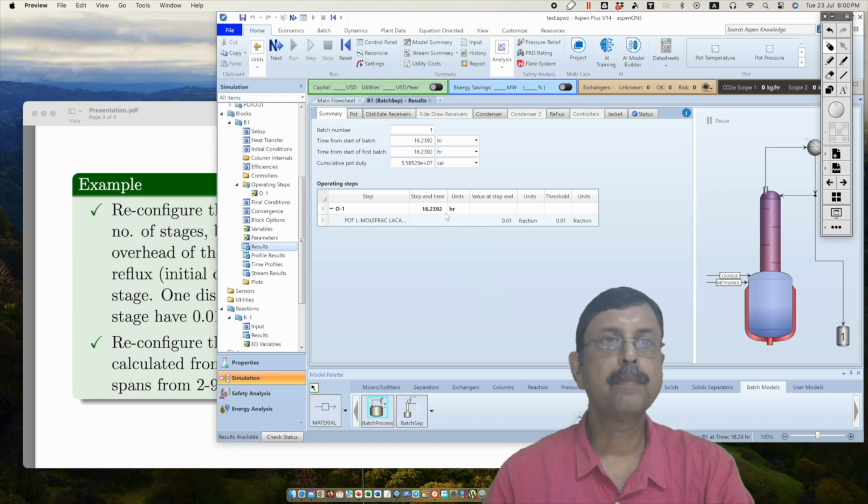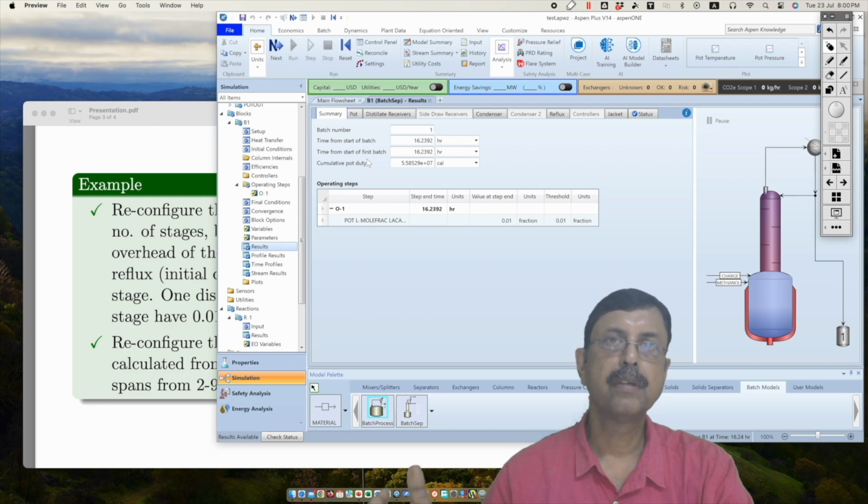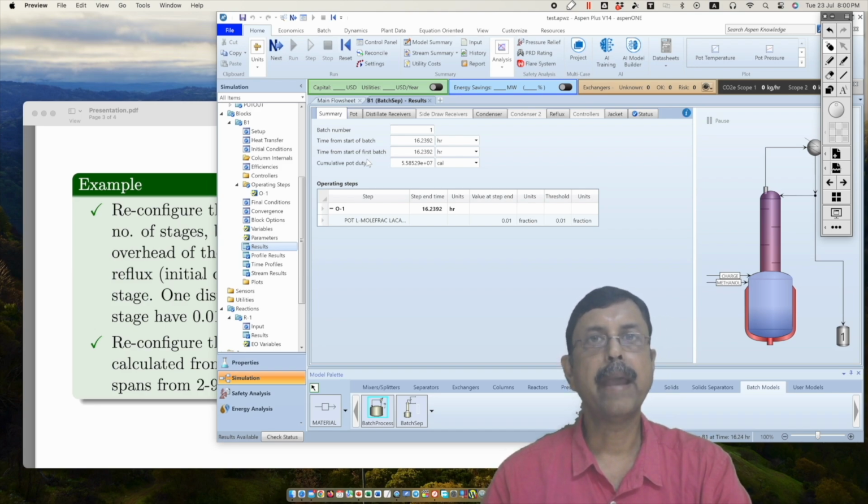In the pot type, we took only 5.1 hours to arrive at 0.01 mole fraction of lactic acid. But in this case, we took 16.2 hours of batch time with 10 stages. I mean, we worked it as a batch distillation column rather than the pot.